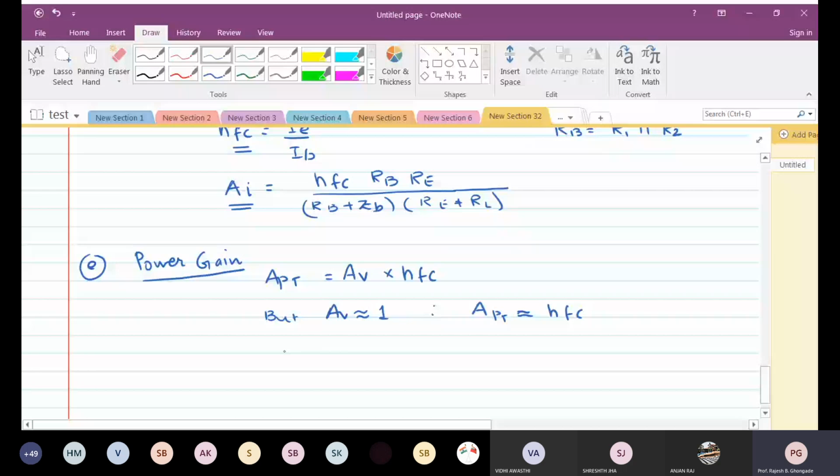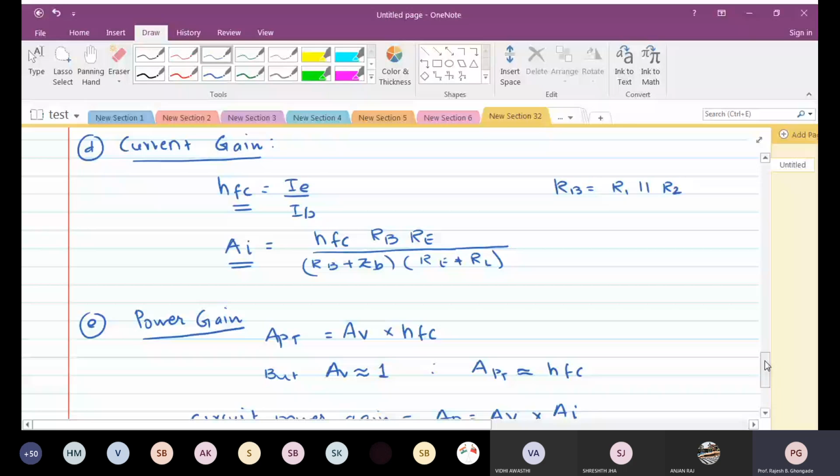But circuit power gain is AP, which is AV into AI, and we already have seen that AV is equal to 1. So this is necessarily equal to AI. So the power gain that you get is equal to the current gain in this case.